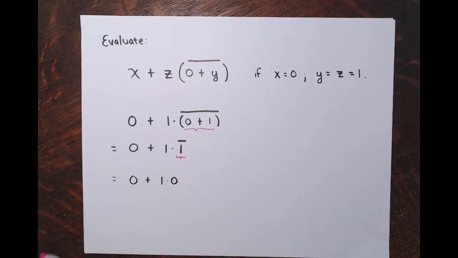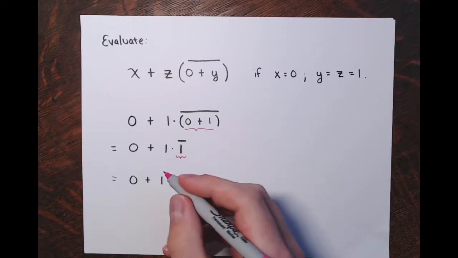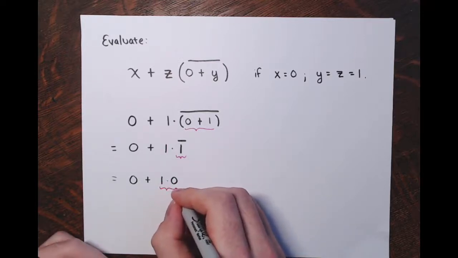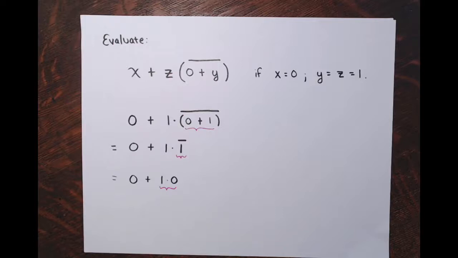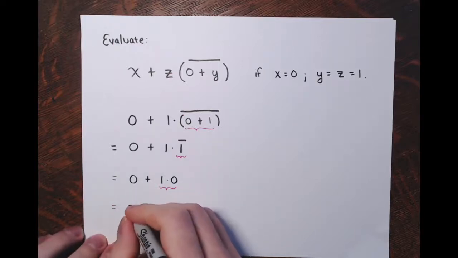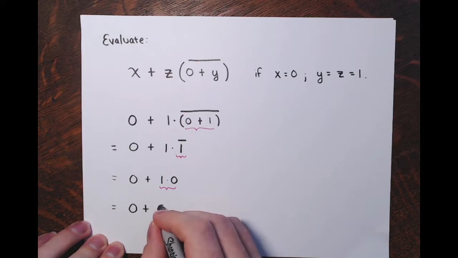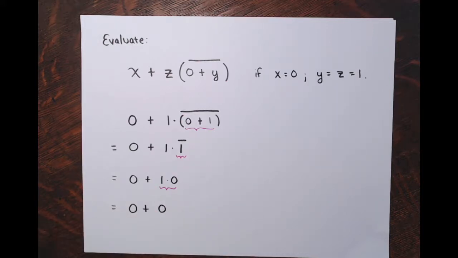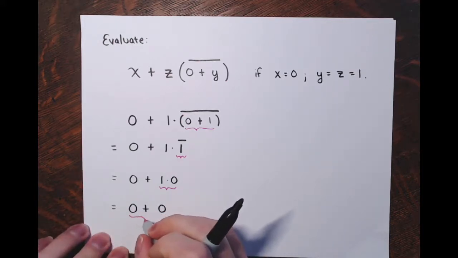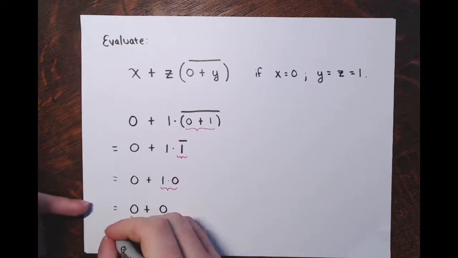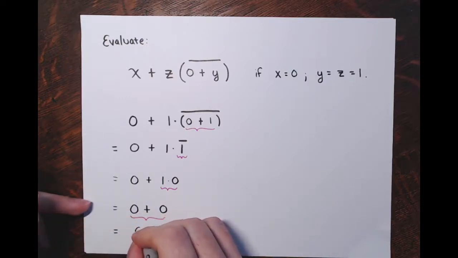Then, the multiplications before the additions. So I'm doing this 1 times 0 first. So I have the 0 out front still, and then plus, and then 1 times 0 is 0. And then finally, the only other operation left is the addition. 0 plus 0 is 0.